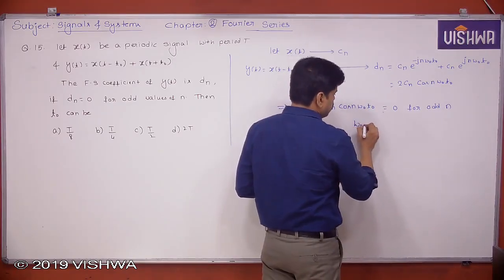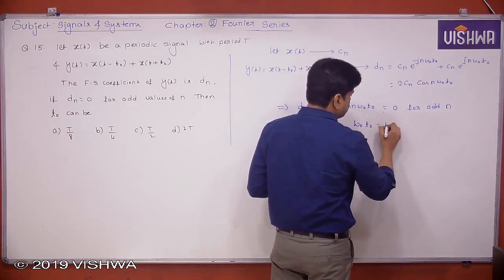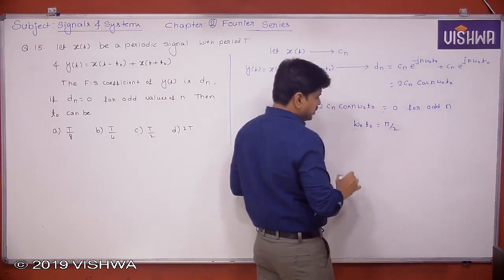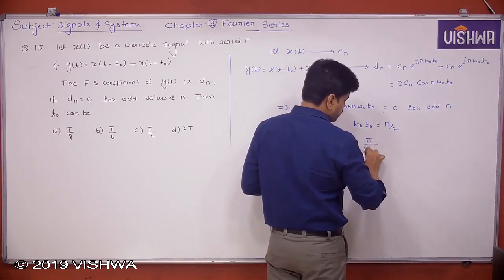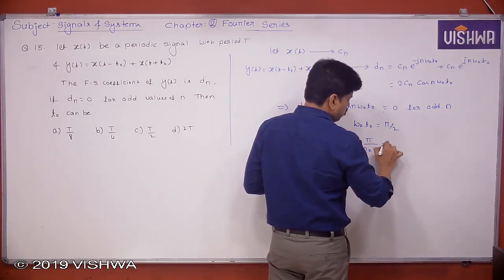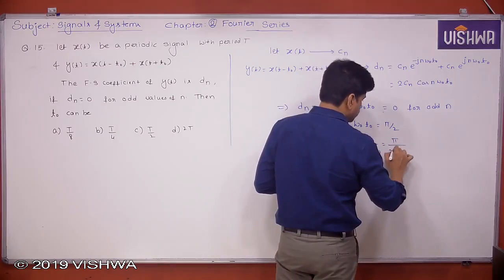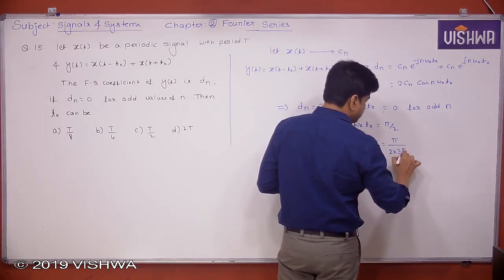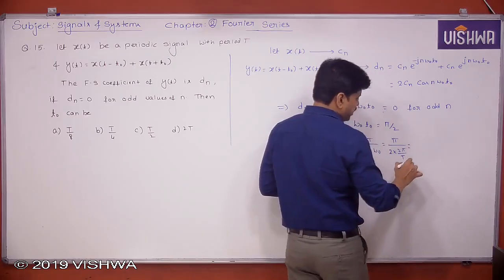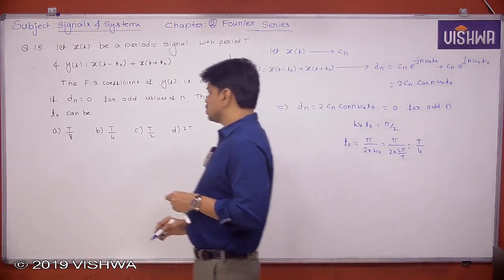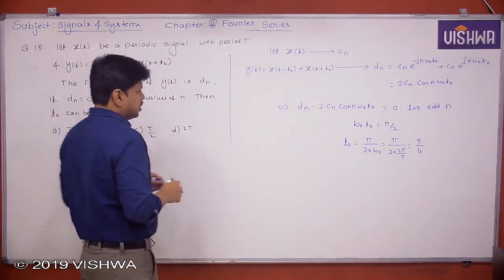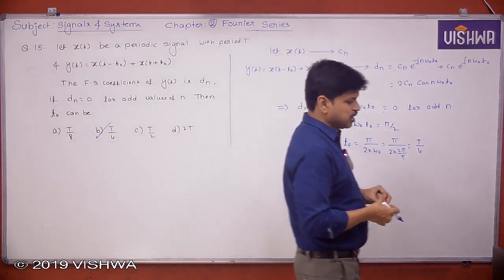Then t naught is pi by 2 into omega naught. Omega naught we know is 2 pi by T, so pi gets cancelled and T by 4 is the answer. So t naught is equal to T by 4. Clear? Take it down.